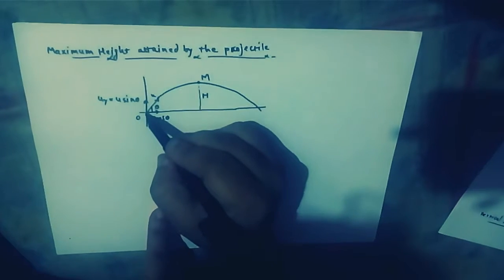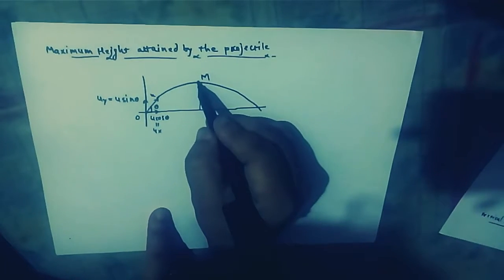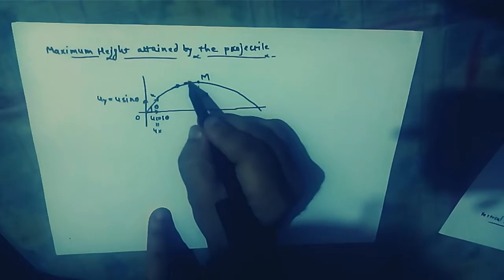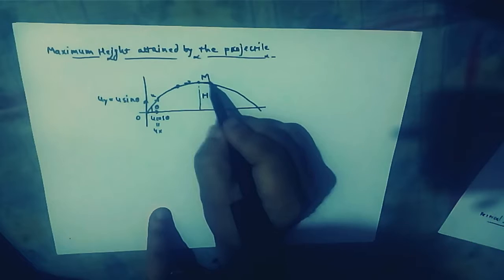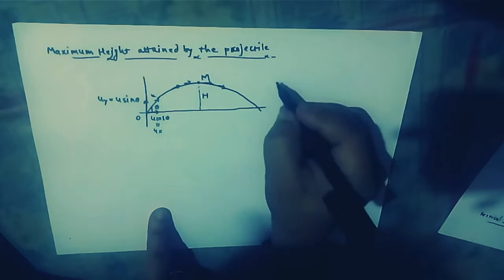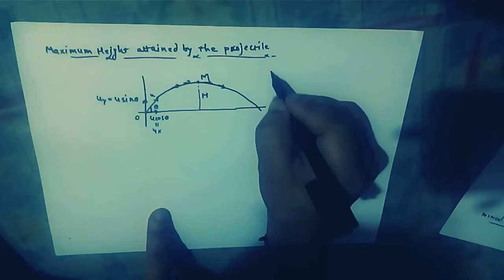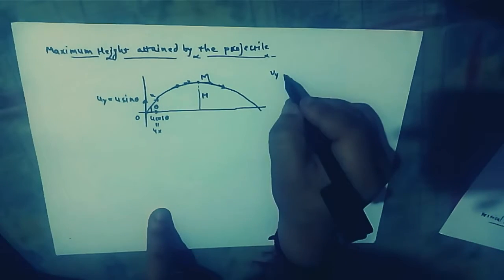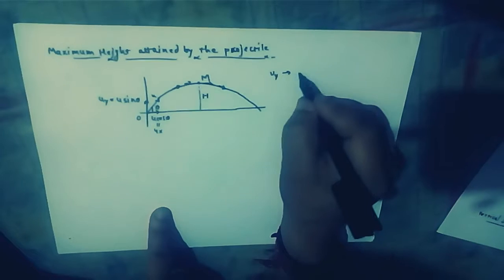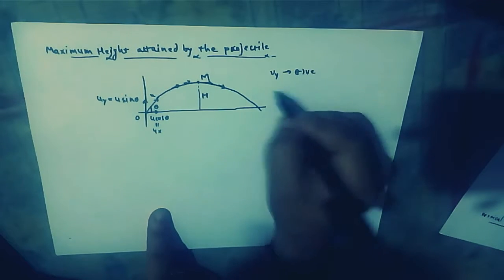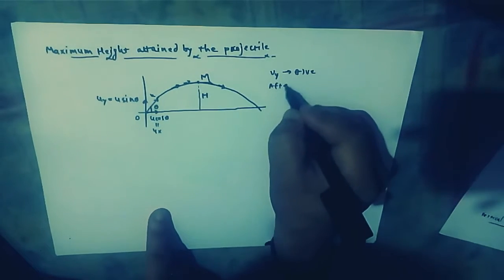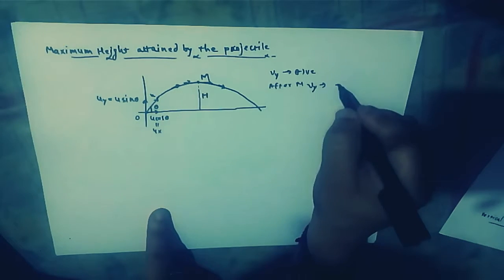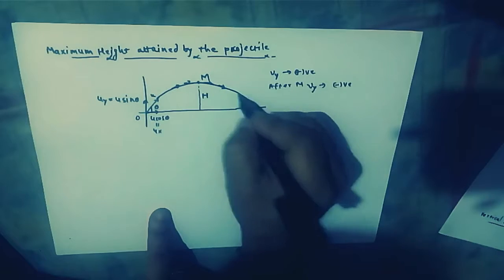Before coming to point M, it was going up, and after that it is going down. So the velocity component along the y-axis before point M was positive, and after M it was negative, because now it is going down.